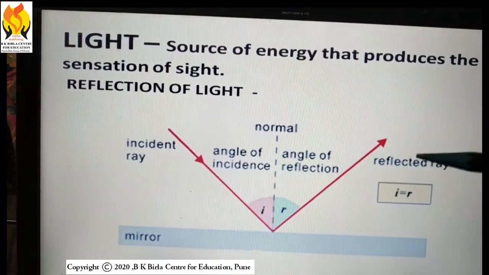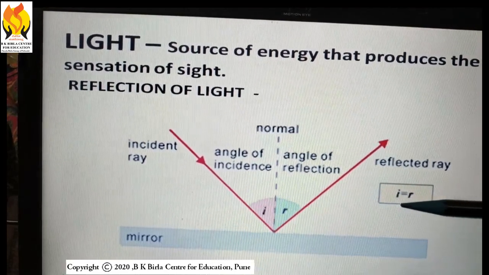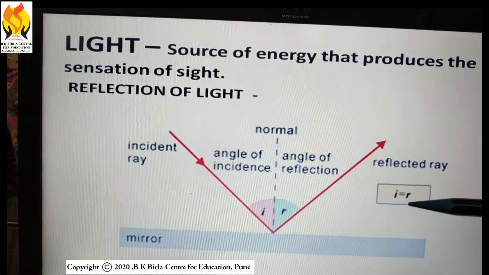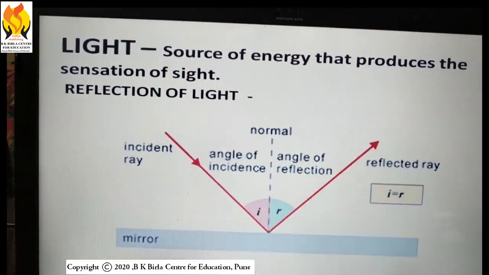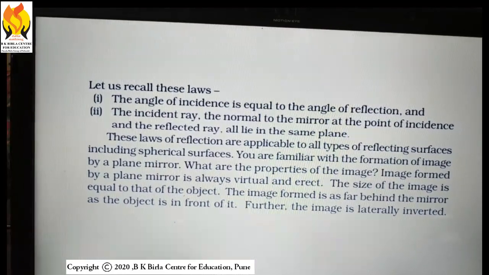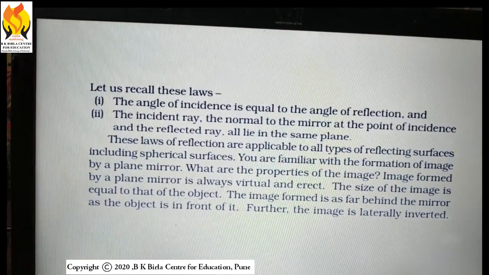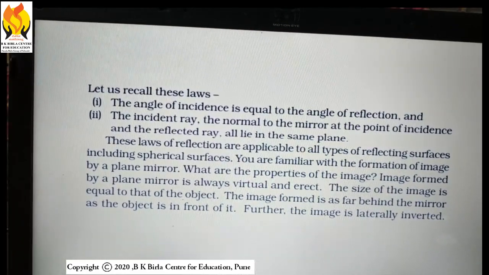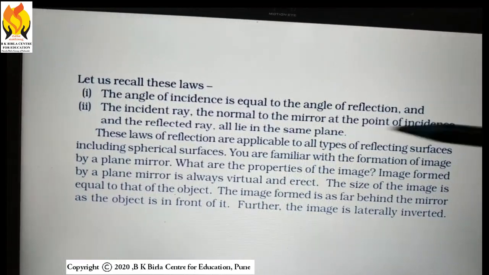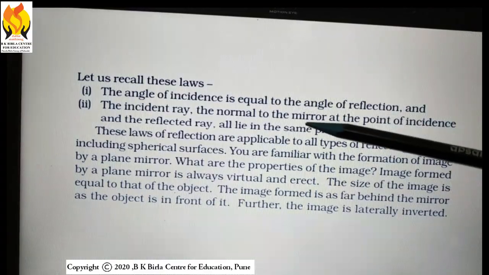That means the angle of incidence is equal to the angle of reflection. So this is the second law. You can make a note of these laws in your notebook, so we are giving them here. This is the first law and this is the second law.